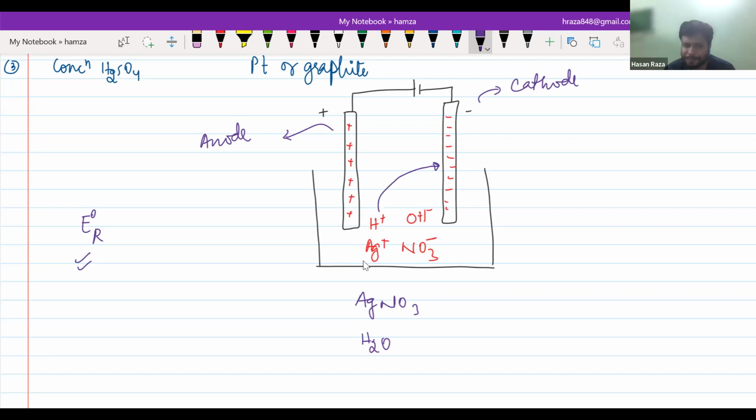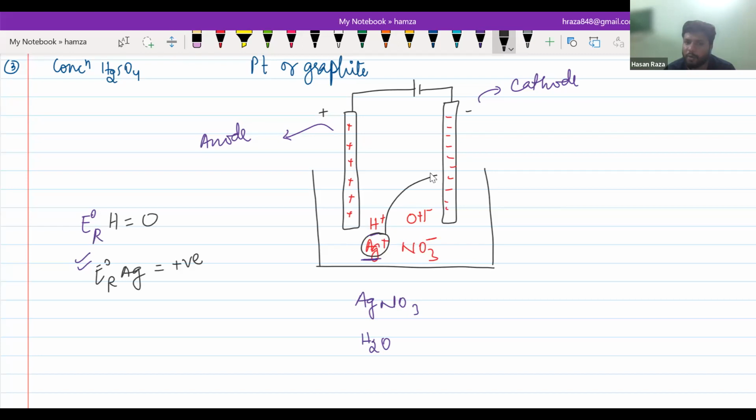Positive will go to negative. H+ won't go. E naught R value of hydrogen is 0 and E naught R value of Ag is something positive. So we can understand that this Ag+ has more E naught R value.